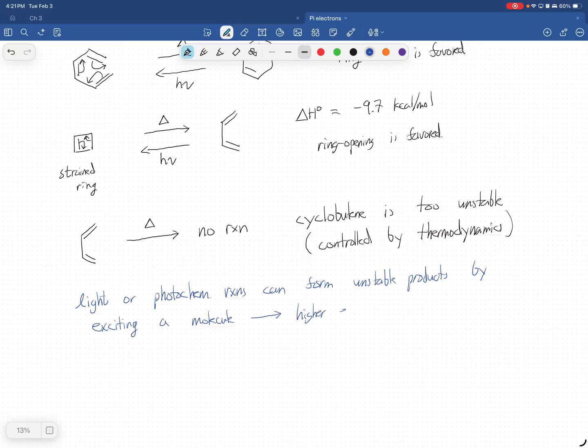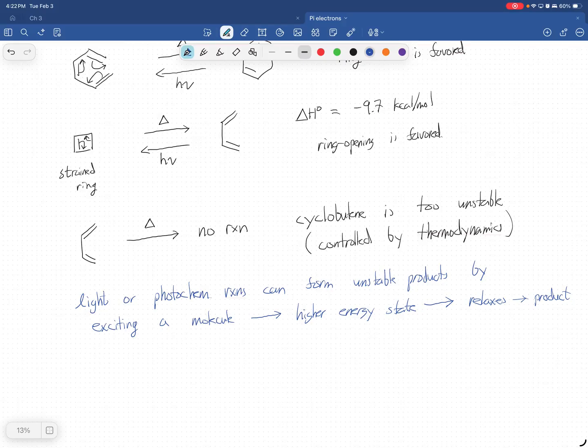So what happens here? You go to a higher energy state. And then it relaxes. And then you can form the more unstable product. So you can actually get back to the other product by using light.